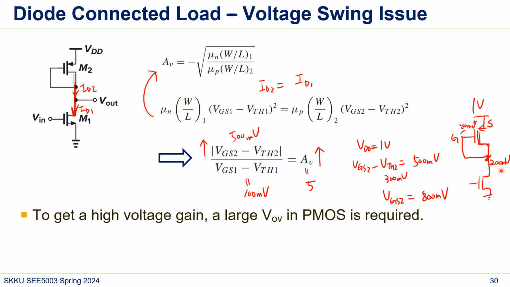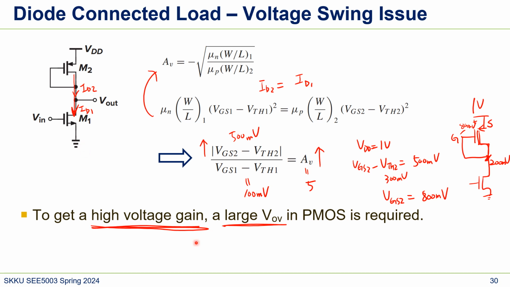This is kind of hard to use because the voltage is too low. So that's what it means: to get a high voltage gain, a large VOV is necessary. So that's an issue. With this diode connected load common source amplifier, it's hard to get a large gain.